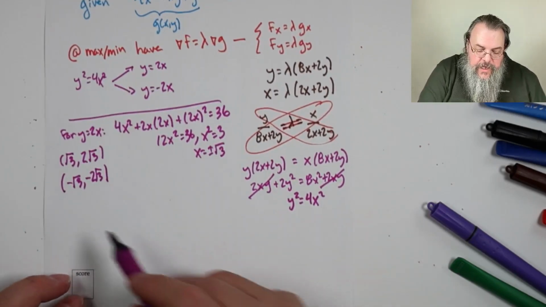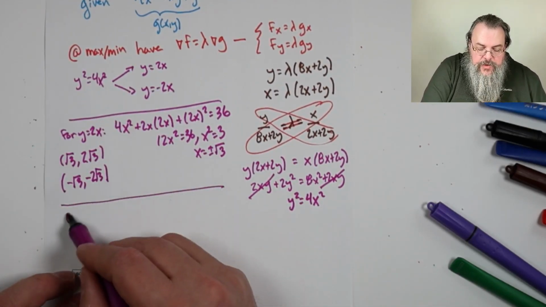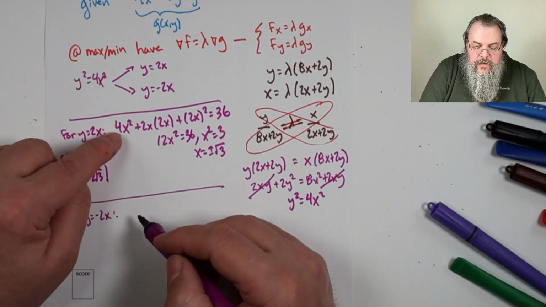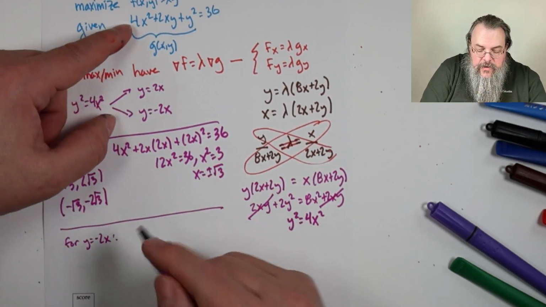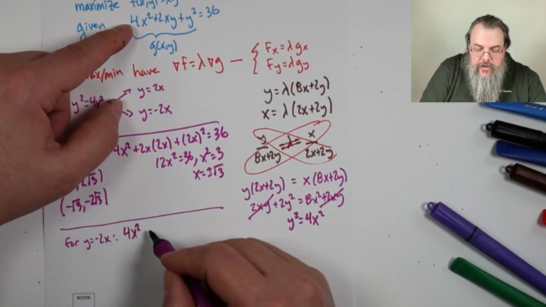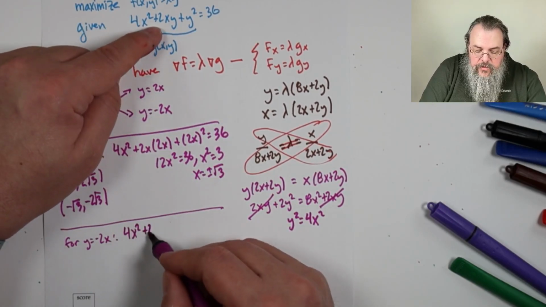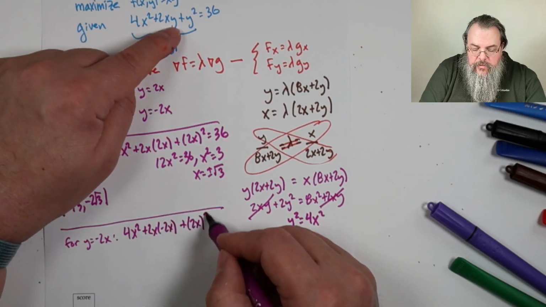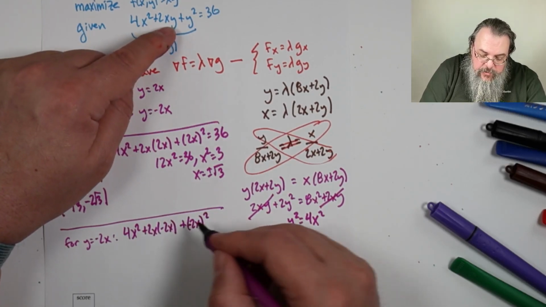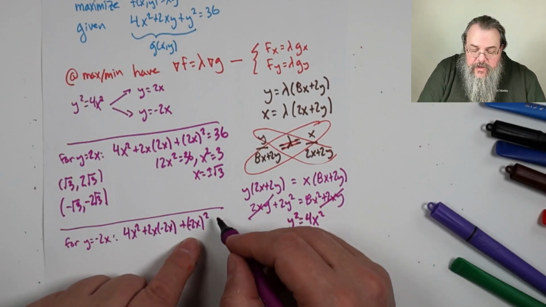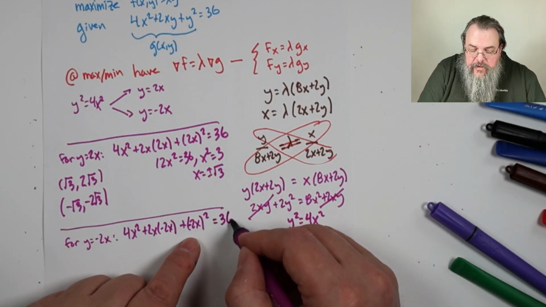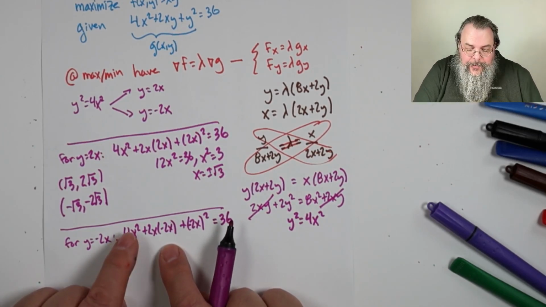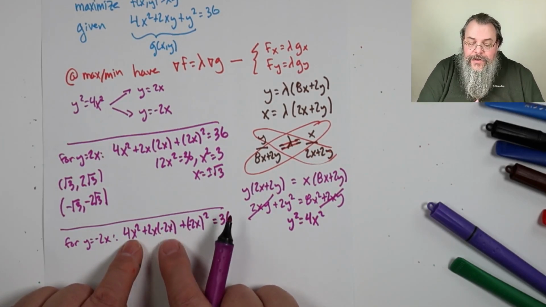Now, same procedure, but we do it for y equals minus 2x. We use our constraint: 4x squared plus 2x times minus 2x plus 2x squared, minus 2x squared, excuse me, y equals minus 2x, equals 36. Now, something a little different happens here. 4x squared minus 4x squared goes away.